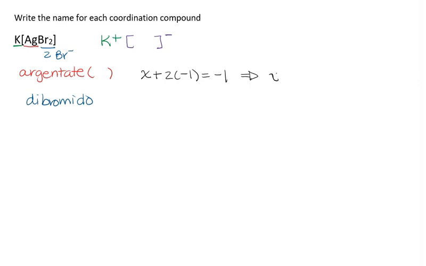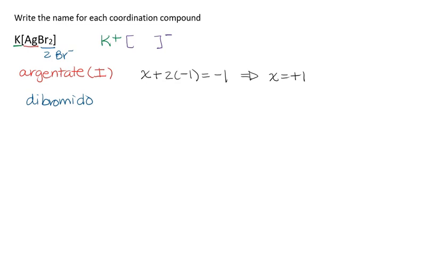And when I do the math, I end up with X equals +1. So even though the complex is an anion, the silver ion, or the metal ion, is always positive. So this will be argentate(I).